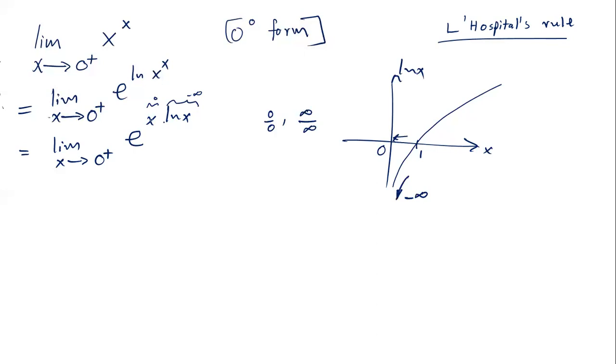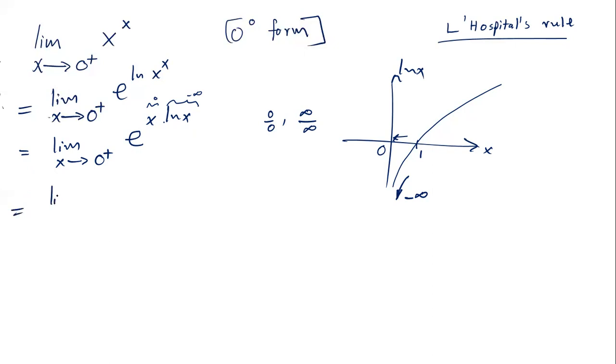To do that, I can either take x below ln x, or take ln x below x. You can use either way. I'll take the first one, I'll take x under this ln x.